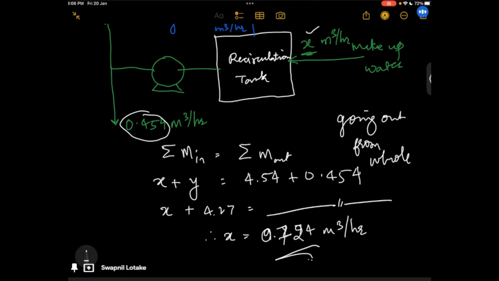If you add both of them, you will get the answer, that is 0.272 plus 0.454. So you get 0.726.